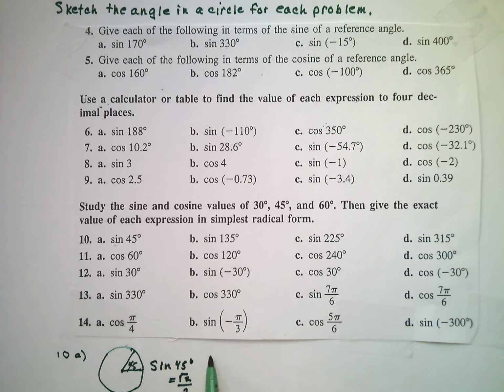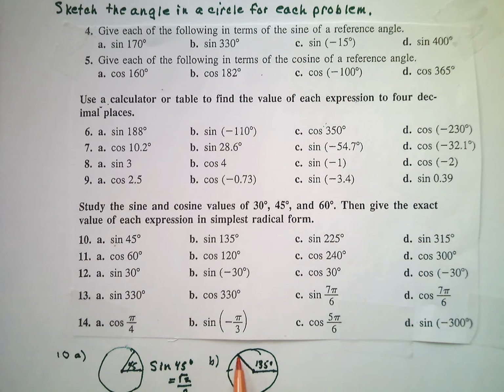For part B, 135 degrees. Well, we got 90, 180, so 135 is going to be right here. And our reference angle is going to be between this terminal ray and the x-axis, which makes our reference angle 45 degrees.